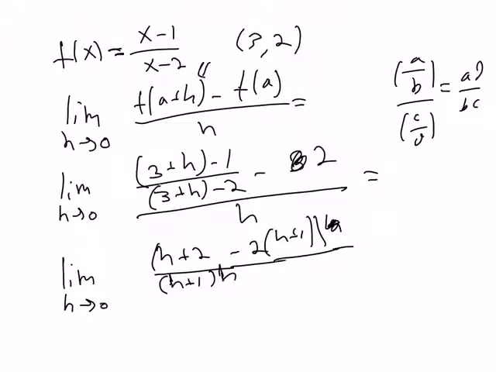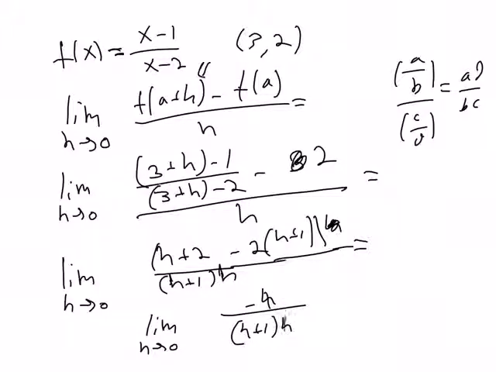So now this is equal to the limit as h goes to 0 of h plus 2 minus 2h minus 2 minus 2, so these cancel, and then you have h minus, so this becomes negative h up here, so you get negative h over h plus 1 times h.